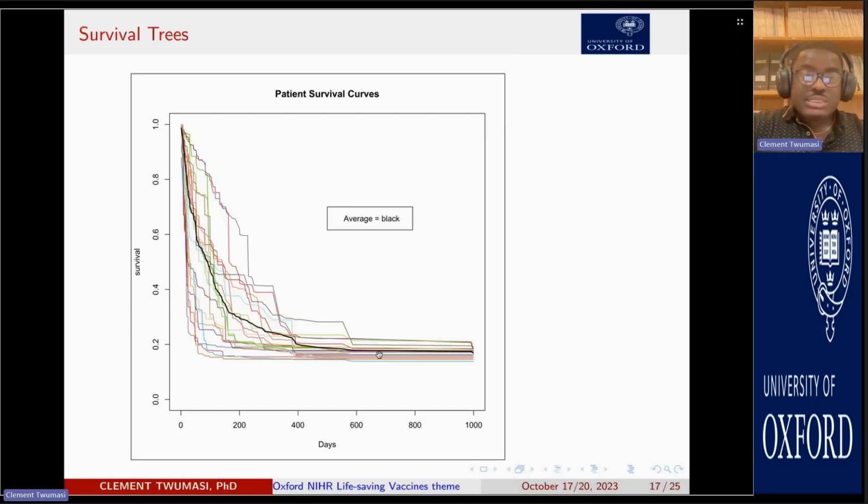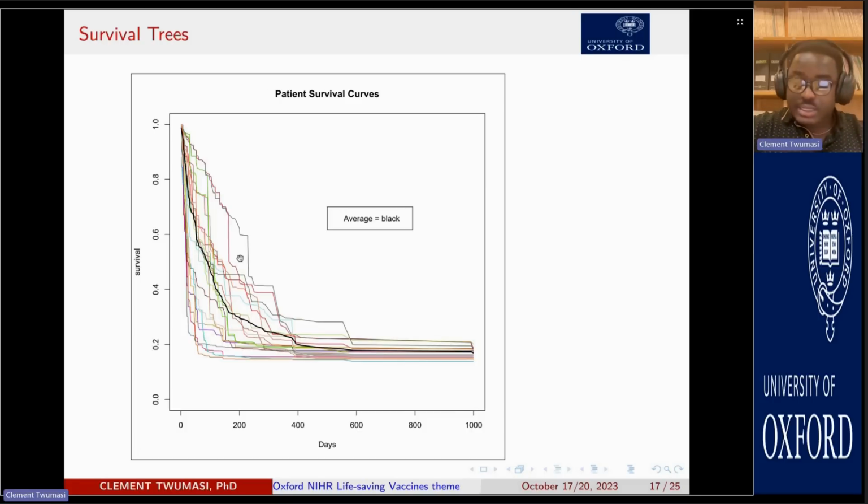All right. This is the kind of output you see when fitting a survival tree model in this case. The average can now be compared to the classical Cox proportional hazards or the Kaplan-Meier curve. That's why we call it survival trees, because you have different trajectories of your survival curves, and then the average of them can be the mean curve.